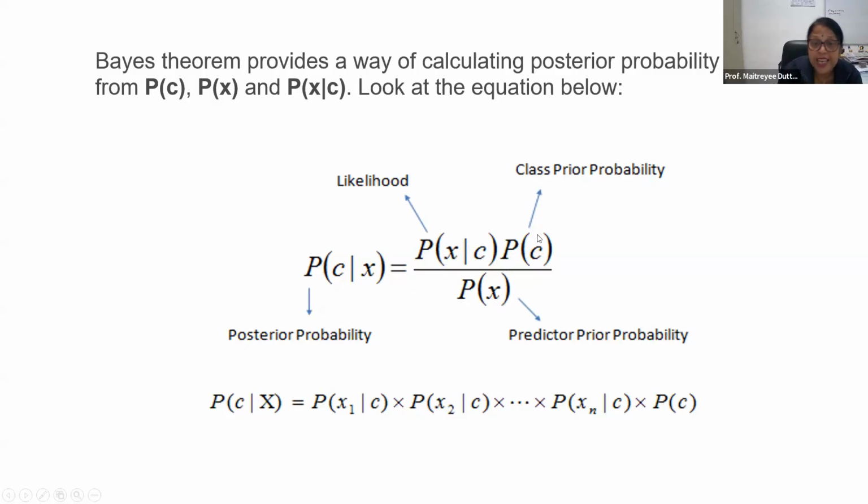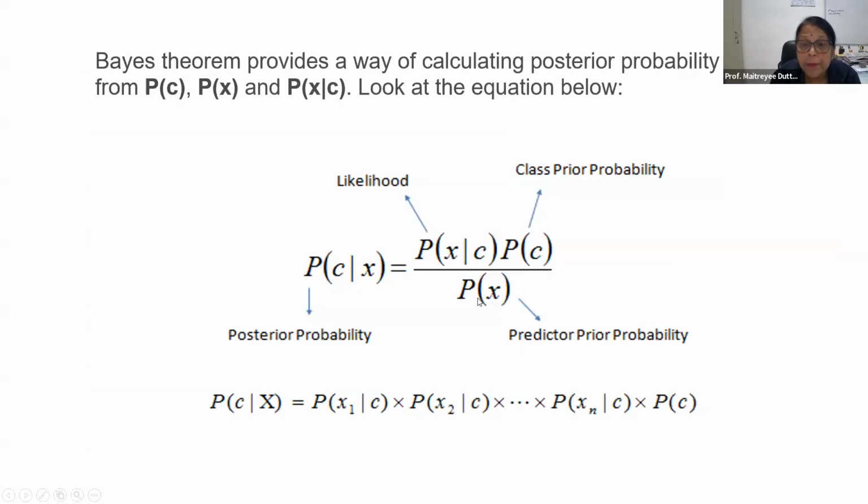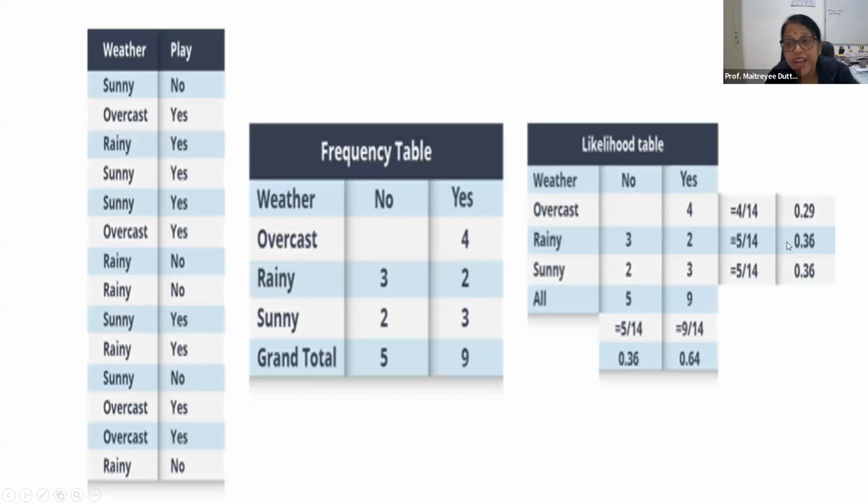What is your P of yes? P of yes will be 9 by 14. P of X, that means it will be P of rainy. What will be the probability of rainy? That you have to calculate. That means 5 by 14. That is your probability of rainy, right? Similarly, probability of overcast, probability of sunny.